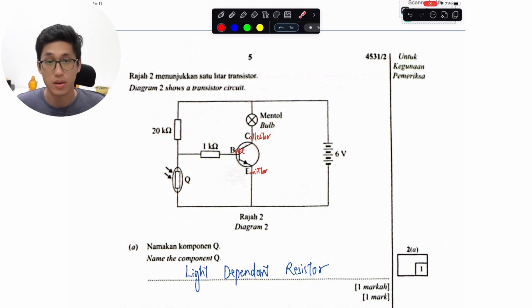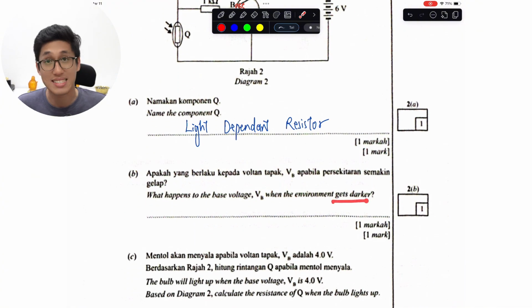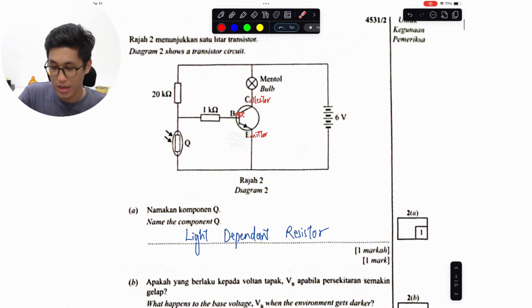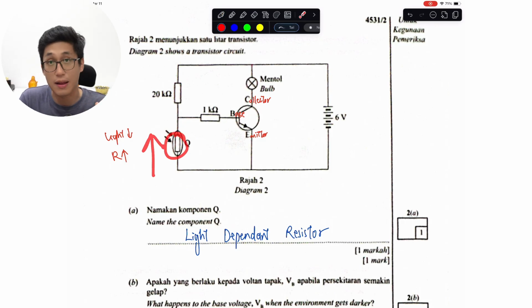Do you understand? Okay, so now, when it gets dark, just like I said, if there is very little light, what happens to the resistance? The resistance will be very high, opposite of the surrounding. So if the resistance is very high, he will get a bigger share of the voltage.